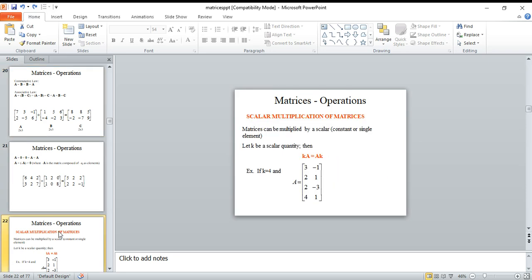Scalar multiplication of matrices. Matrices can be multiplied by a scalar, a constant or single element. Let k be a scalar quantity, then kA. If k equal to 4, and A equal to first row 3, minus 1, 2, 1, second row 2, minus 3, 4, 1.